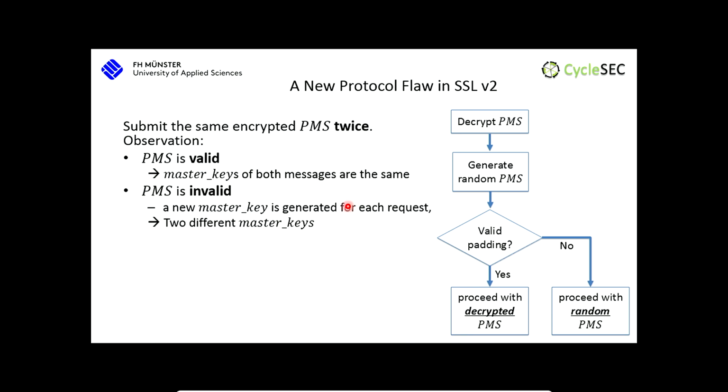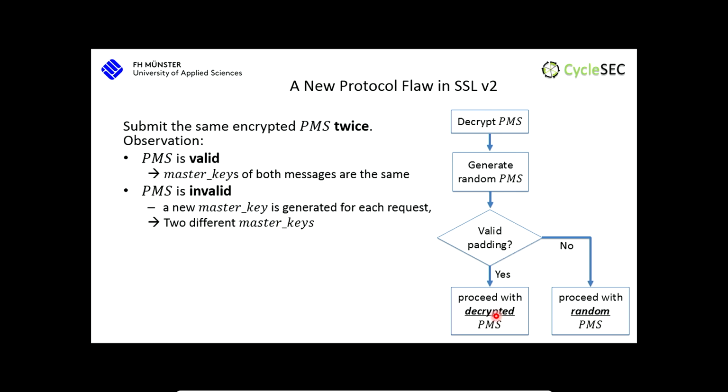Then we get 2 server verify messages, and we break the key that was used to create the server verify messages. In case the pre-master secret was correct, we follow this path. There we proceed with a decrypted PMS. And as we didn't change the ciphertext, the pre-master secret is the same. So therefore, the master secret is the same. So therefore, we get the same master key.